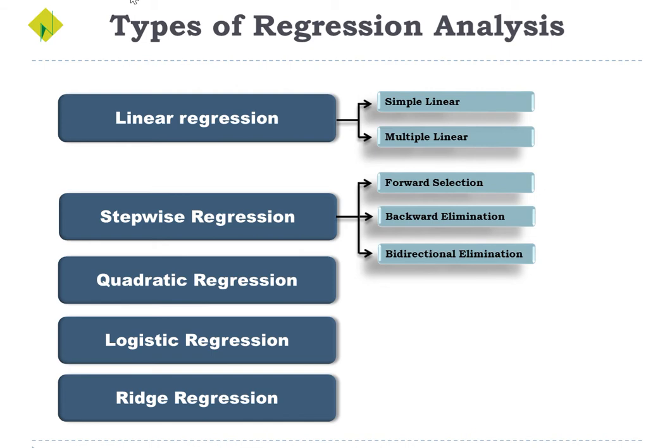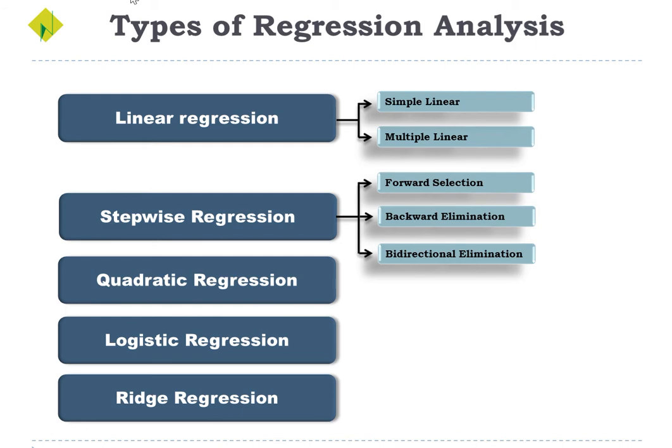Backward elimination starts with all predictors in the model and removes the least significant variable at each step. Bidirectional elimination adds and removes predictors as needed at each step. The main objective of stepwise regression is to maximize the predictive power with a minimum number of predictor variables. It is also one of the methods to handle higher dimensionality of data sets.